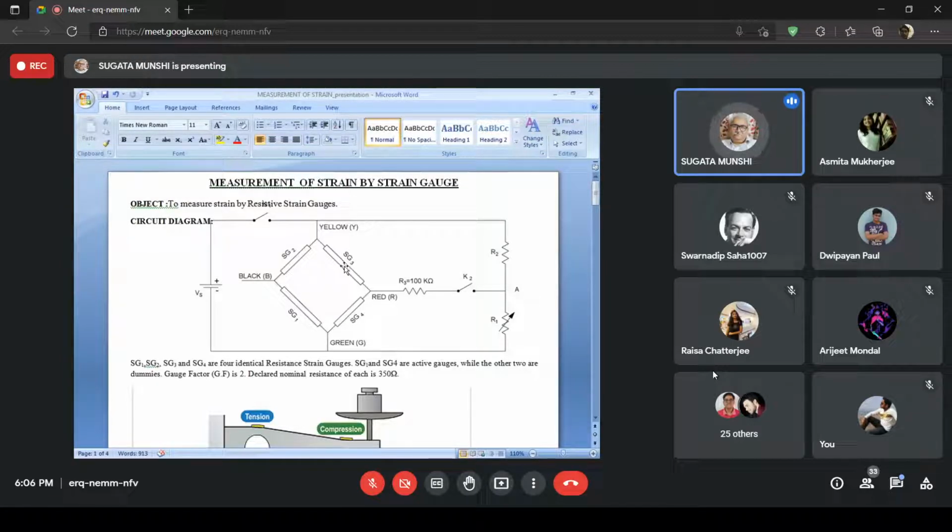The other two are dummy gauges. Why have I asked you to close K2? Now these two resistances I have kept fixed, this one and that one. Now this resistance will be varied. What will be the role of this network now? It will act as that offset removing network. Do you understand? The offset removing network, it will act as that.